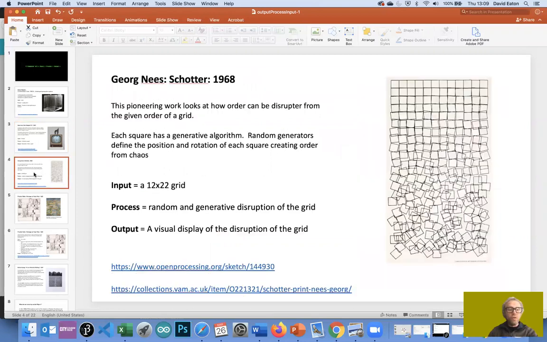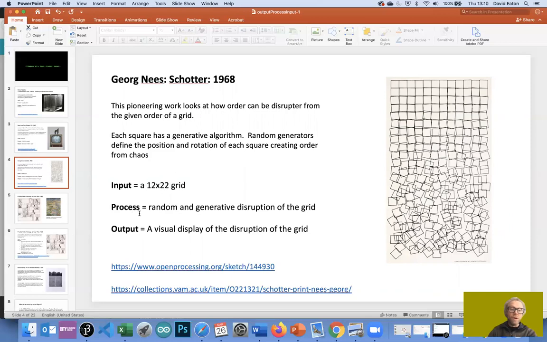If we move on to another artwork, an early artwork by Georg Nees, who we've looked at in the past again, with his idea of this disruptive grid. So the notion of starting with a square and then moving through the grid, we can see how that would work, because the input to start with is the grid itself.